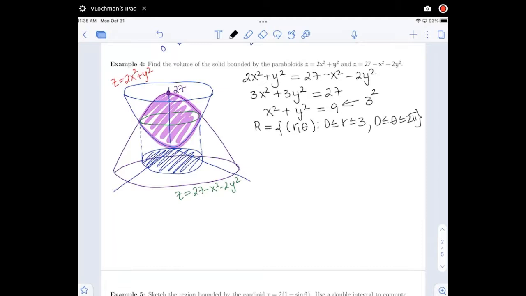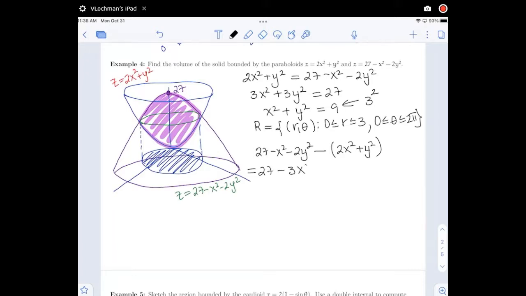So the top would be what? 27 minus x squared minus 2y squared minus this other paraboloid. I'm going to put it in parentheses. So that's 27 minus what?